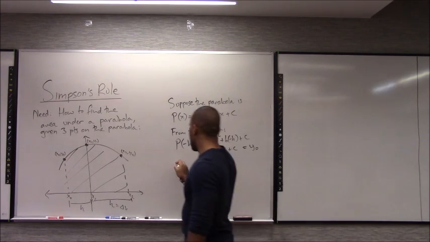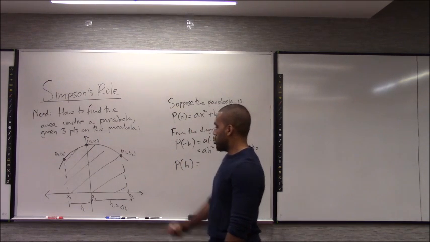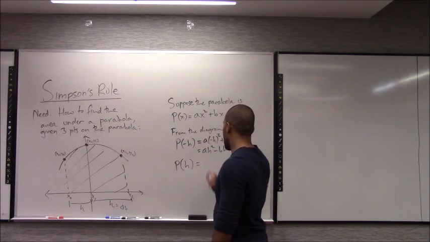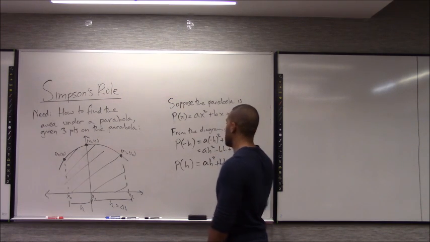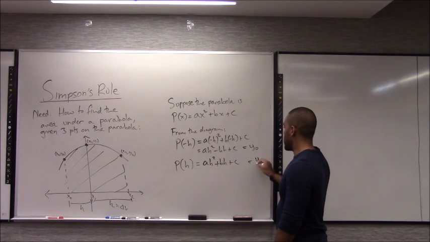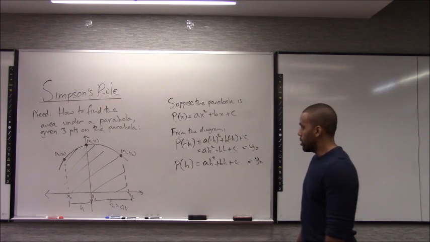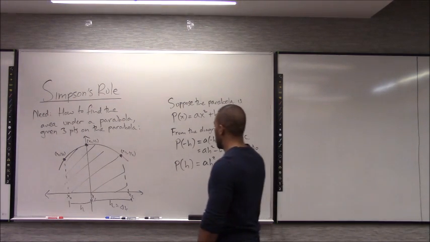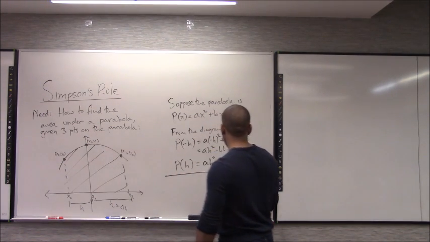You'll also notice that if I find p of positive h, in this coordinate here, that's going to be ah squared plus bh plus c. This is in fact another way to write y2. What you'll notice is that we can add these together.